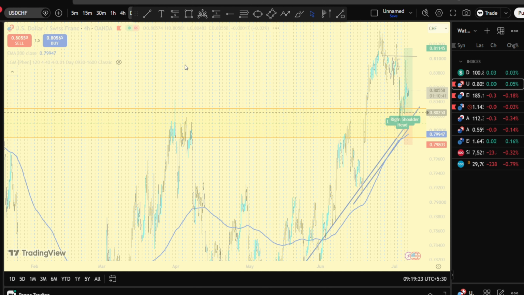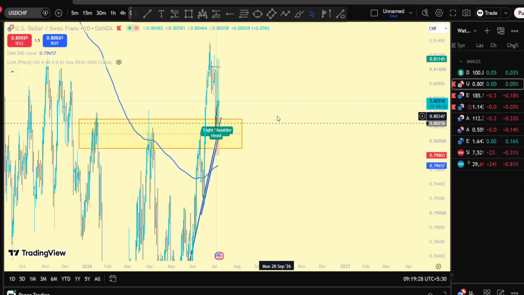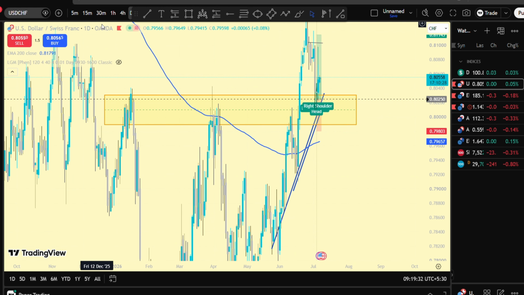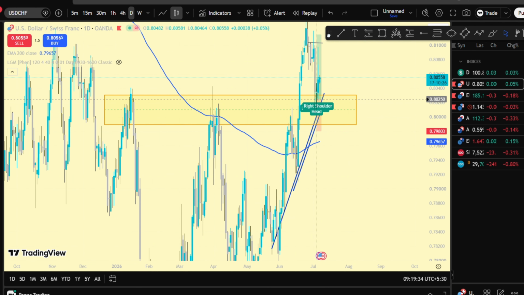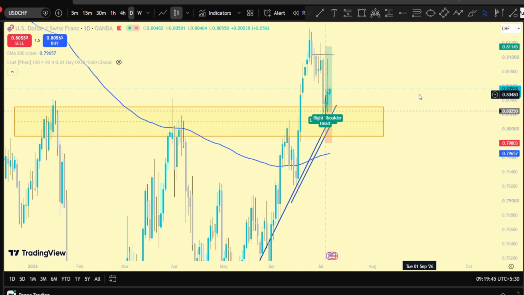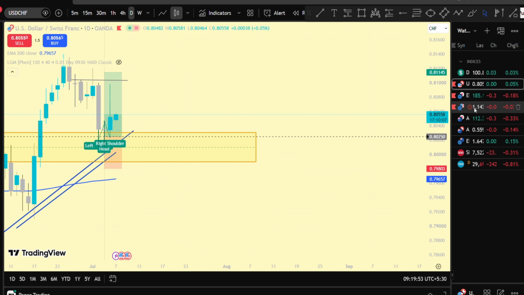We can see a major area of interest, and price has broken above the area of interest. As you can see on the daily chart, we have 1, 2, 3 touches to this area of interest, and now it has retested it and the price seems to be climbing up. I'll keep you guys updated on this one.